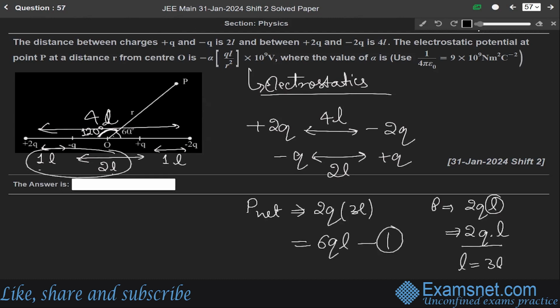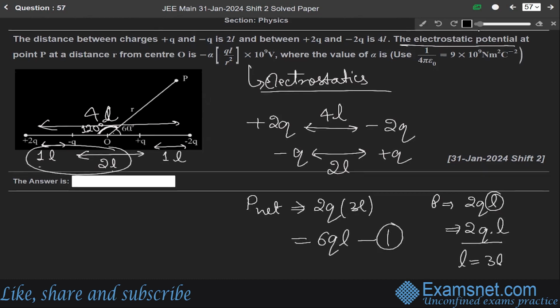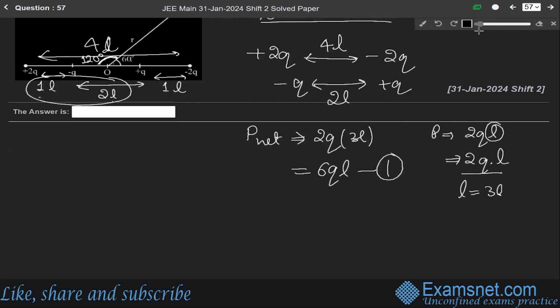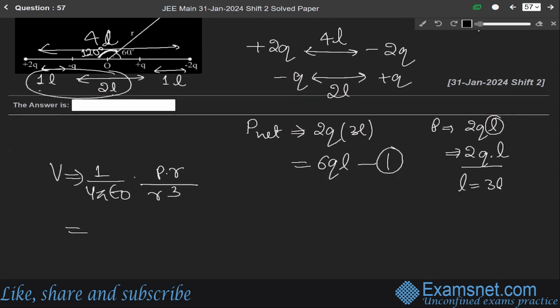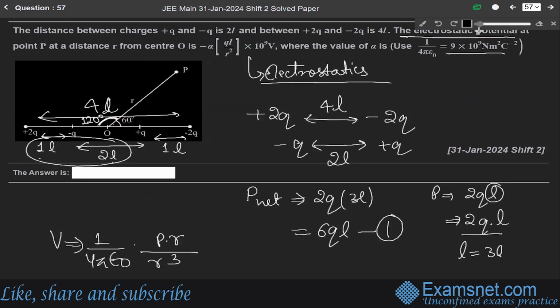And we are asked to find the electrostatic potential. So we know the formula for electrostatic potential. V is equal to 1 over 4 pi epsilon naught into P dot R, meaning PR cos theta over R cube. So 1 over 4 pi epsilon naught is nothing but 9 into 10 to the power 9.